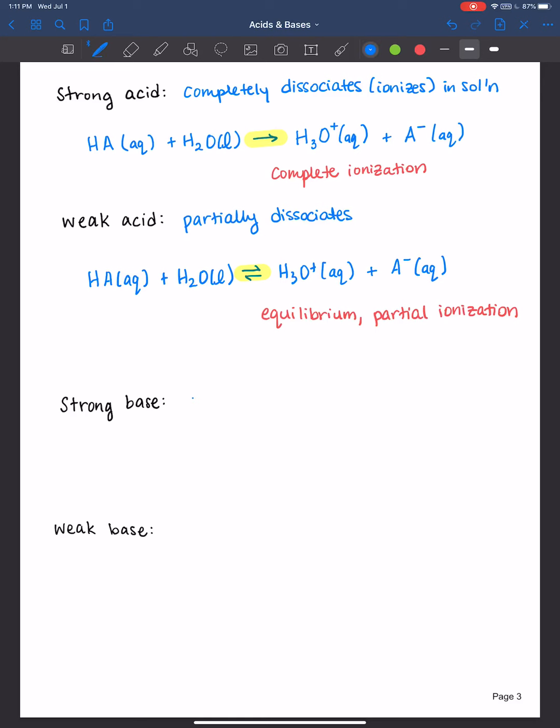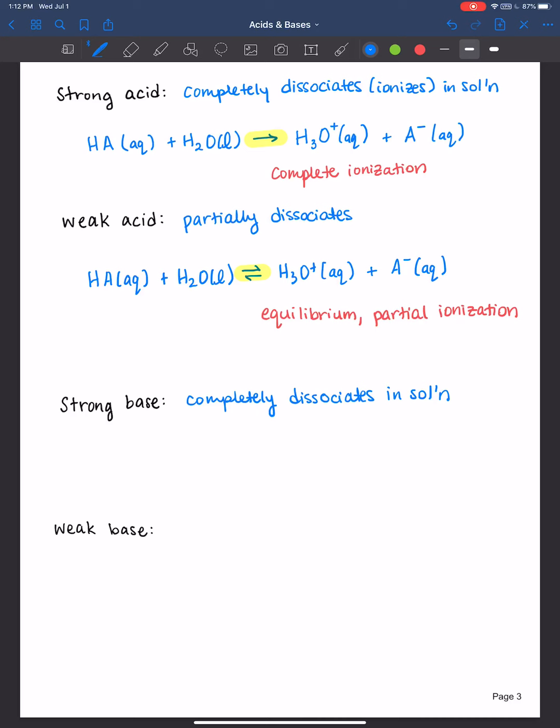Strong base completely dissociates in solution, in an aqueous solution. So I'm going to give you an actual example of what this looks like. There's a lot of different bases out there.